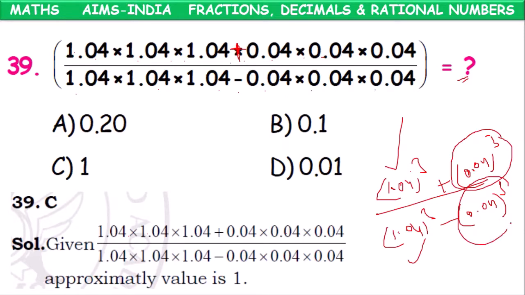If we take the cube of 0.04, 0.04 into 0.04 into 0.04, 4 fours are 16, 16 fours are 64. After 6 decimal places we have to keep the point, so we take 4 zeros after the point and one more zero. So it is 0.000064.